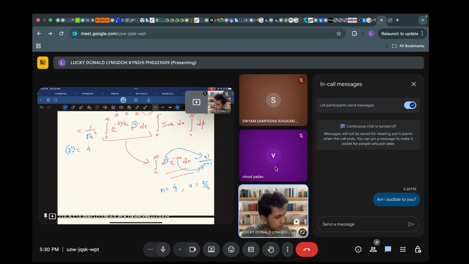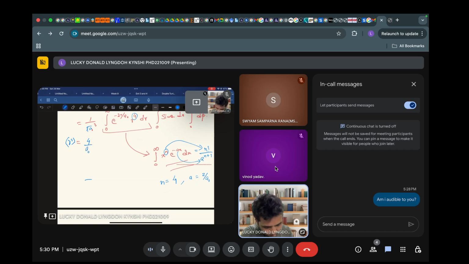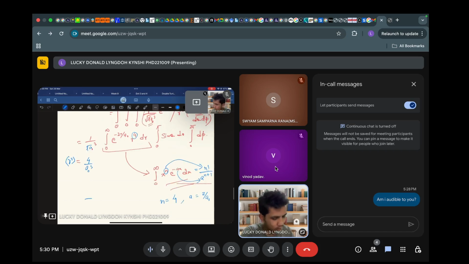Before that, let me just write this here. R square is equal to 4 divided by a naught cubed. Why 4 divided by a naught cubed? Because this integration is equal to 2, and this integration is equal to 2 pi. Sin theta d theta, the integration from 0 to pi, will give you 2.